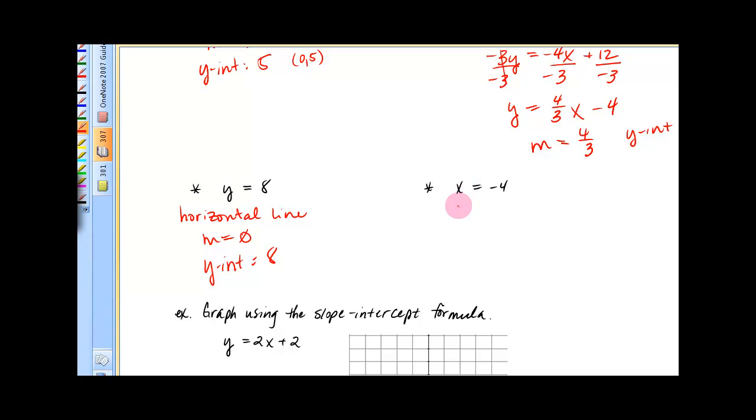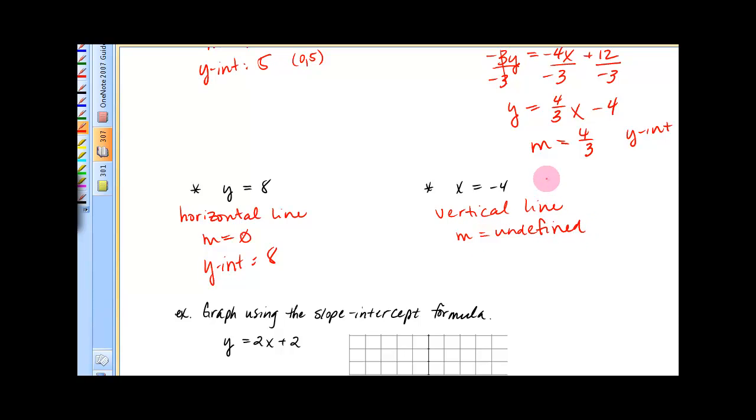How about this over here? This line says x is equal to negative 4. What do I know about this equation? This is another unique equation. This is a vertical line. What do we know about its slope? The slope of a vertical line, or the slope of an equation where x equals a value, is undefined.